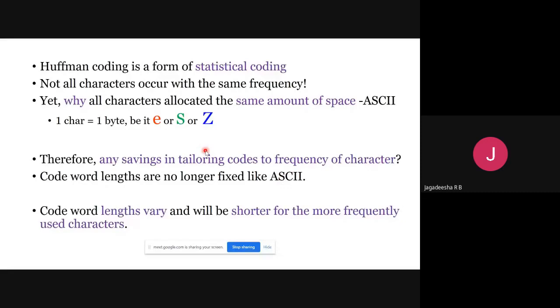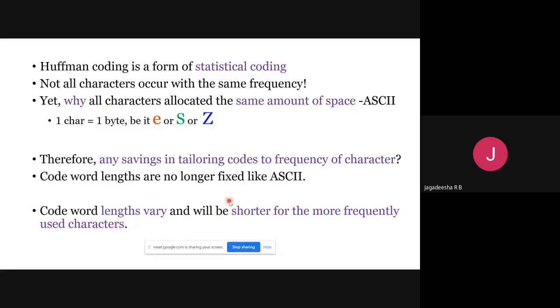But it says code word lengths are no longer fixed. Okay, and then code word lengths vary and will be shorter for more frequently used characters. So again, if you have studied the previous lectures, we have found this. This is one of the characteristics of an intelligent coding scheme.